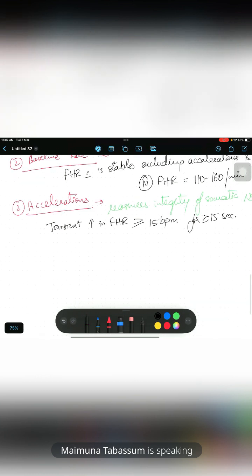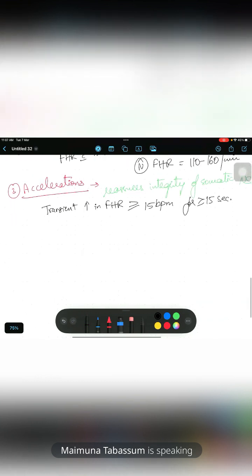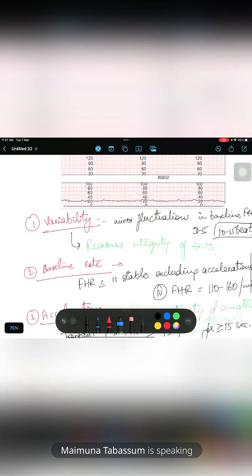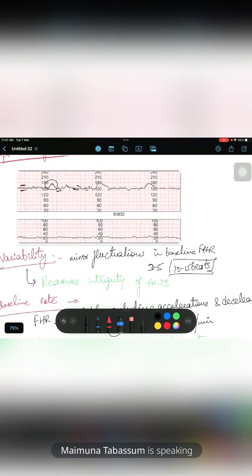In this picture, this one is an acceleration as it has increased from 150 to 170, which is more than 15 beats per minute for at least 15 seconds.